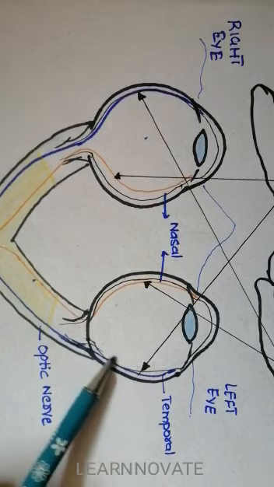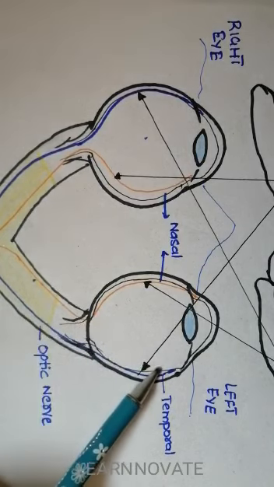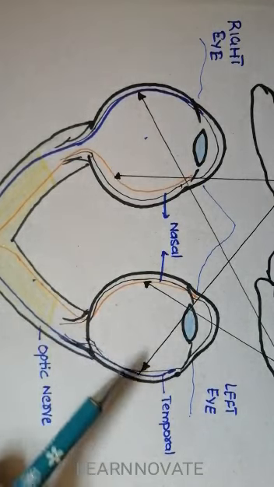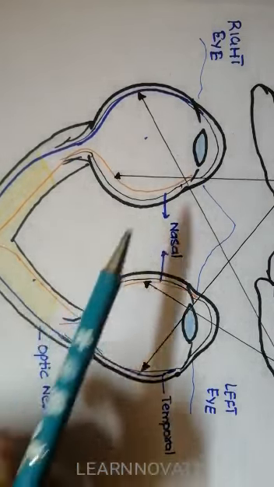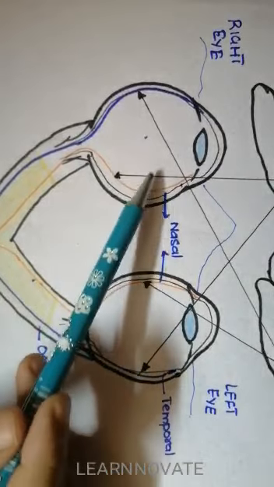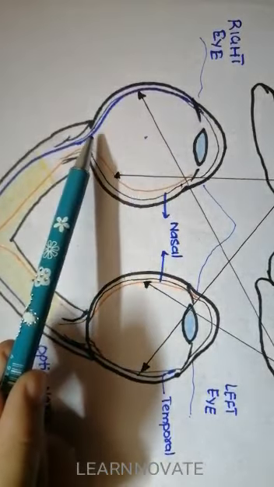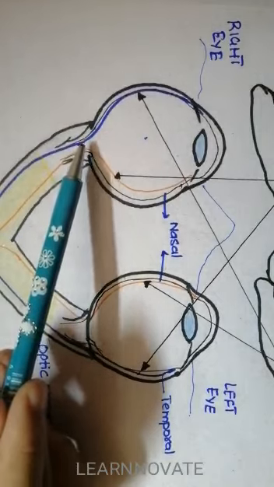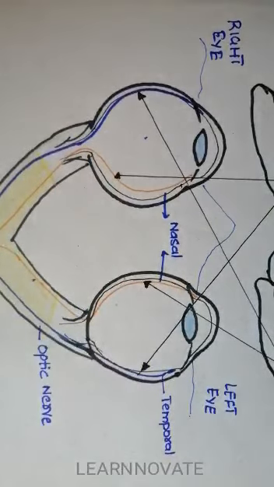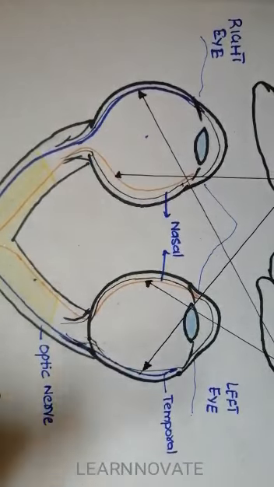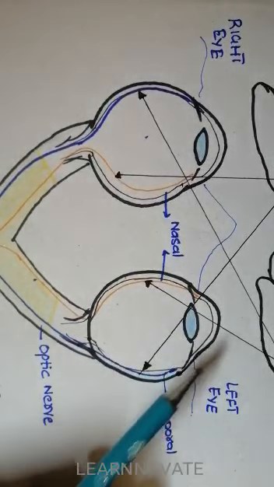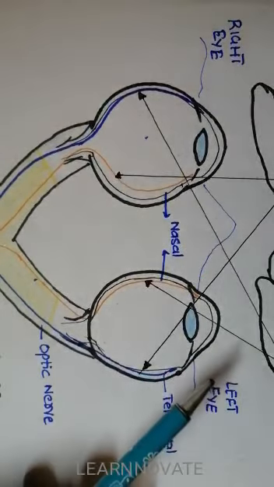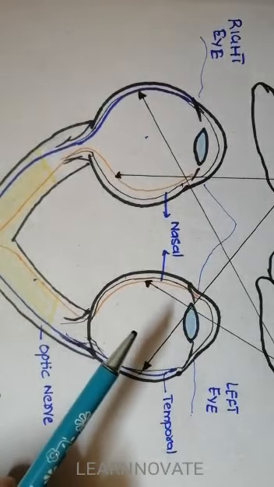So that's why they continue ipsilaterally. The temporal signals of the left eye will continue ipsilaterally into the optic nerve on the left side, and the right eye signals of the temporal area of the retina will continue ipsilaterally on the right side. So until now, you have seen that all the signals from the right side have come to the left side, and the left side to the right side.